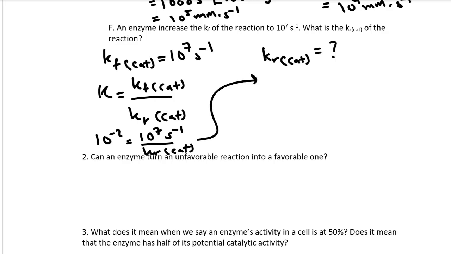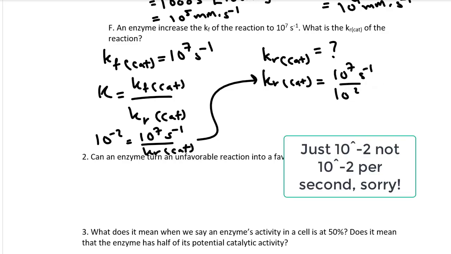Going over here, I multiply both sides by kr cat, and then I divide by 10 to the minus 2 on both sides, so I get 10 to the 7 per second over 10 to the minus 2 per second.